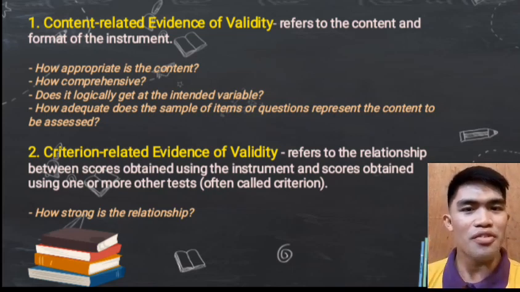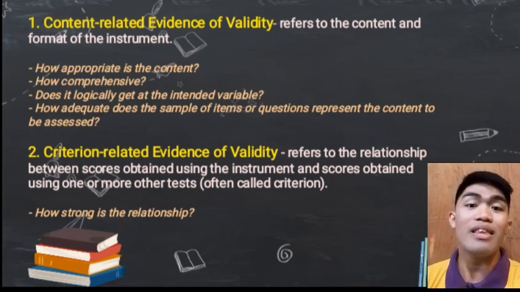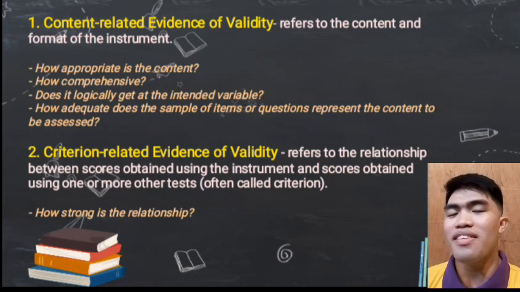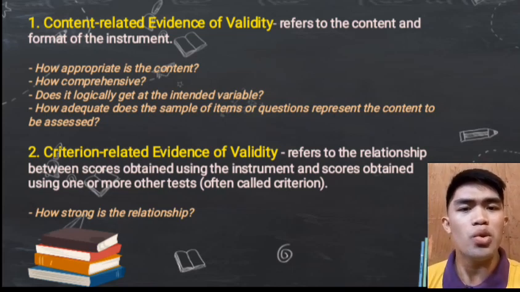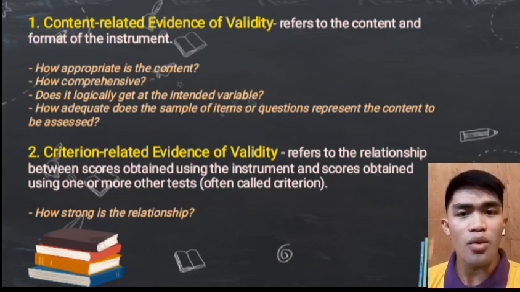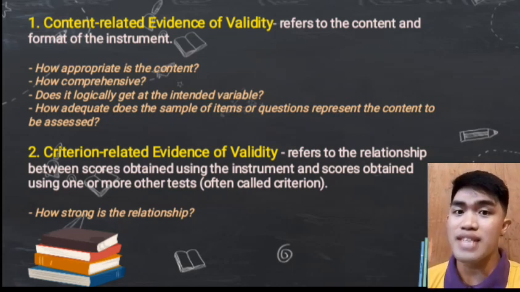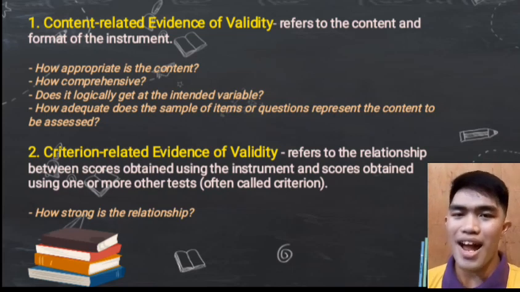How appropriate is the content? Is the content of the test item appropriate to implement at a particular grade level? If yes, that is valid. And how comprehensive? Is the pupil able to easily understand the questions? Is it understandable? If yes, that is valid.